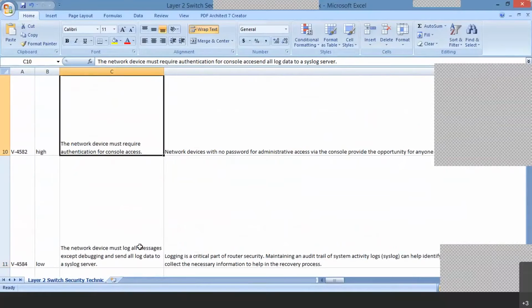The network device must require authentication for console access.